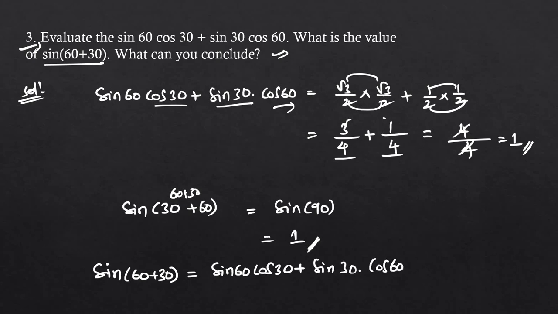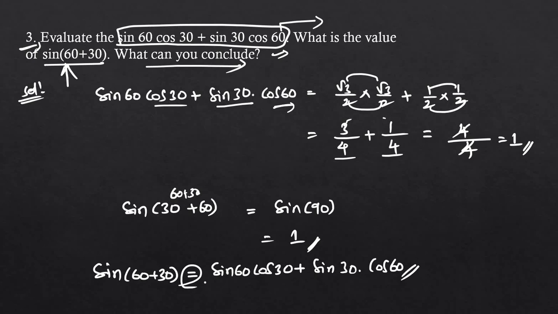So these both are equal here: sine 60 plus 30, and the given expression, sine 60 cos 30 plus sine 30 cos 60. So this is the solution of this question. We can conclude both are equal.